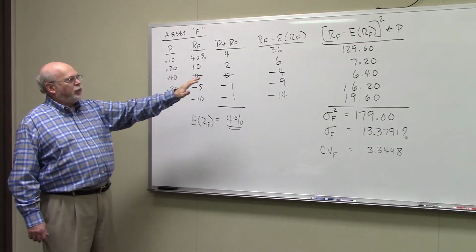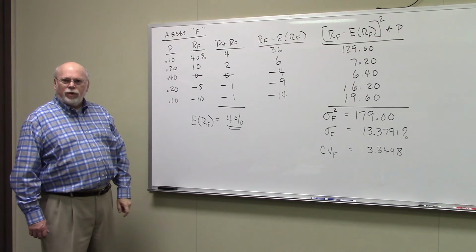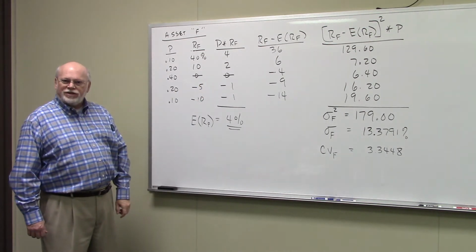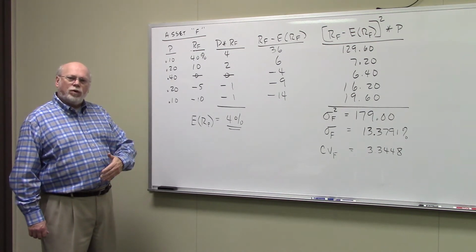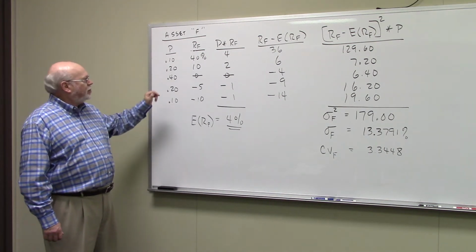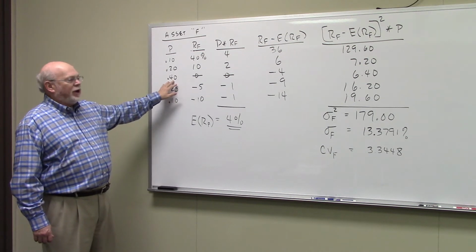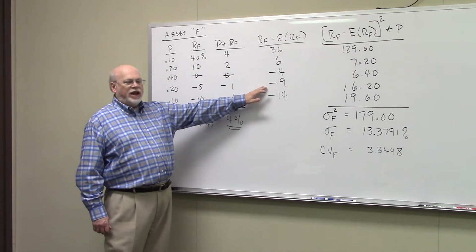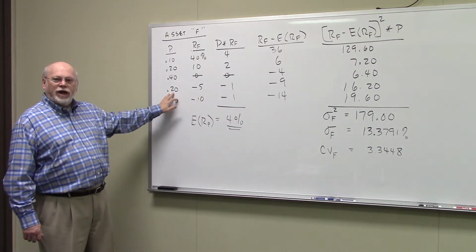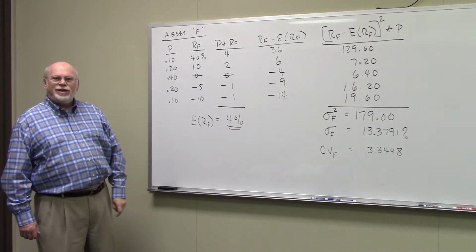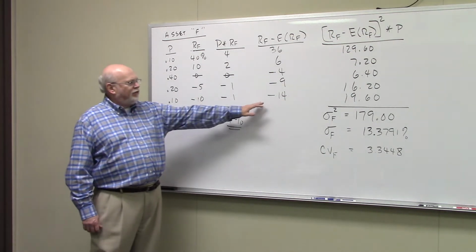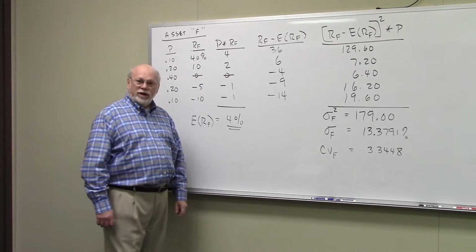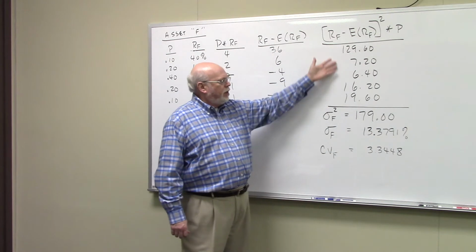Multiply that by 0.2 rather, you get 7.2. -4. Now, any number squared is a positive number. So -4 times -4, -4 squared, that's going to be 16. And we're going to multiply that by 0.4, and we get 6.40. -9 squared is 81. Multiplied by 0.2, you get 16.20. And -14 squared times 0.1, we get 19.6. So these are the products here.